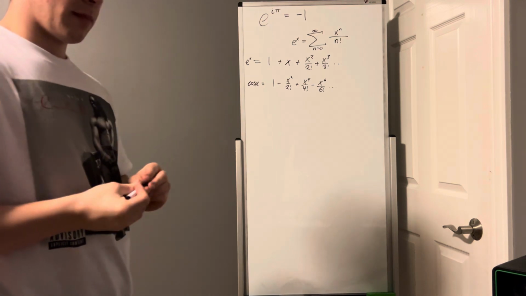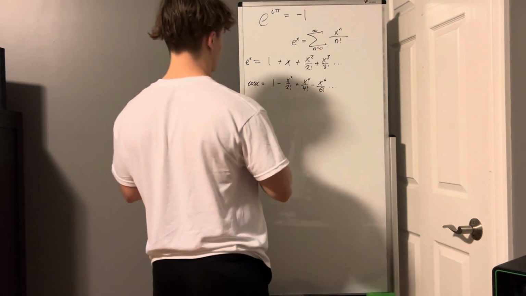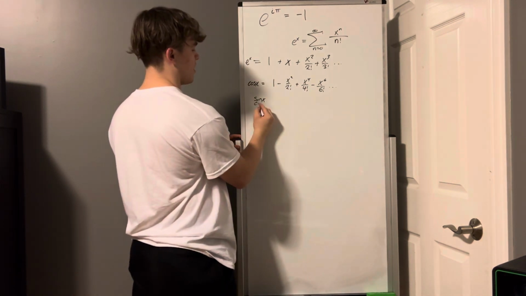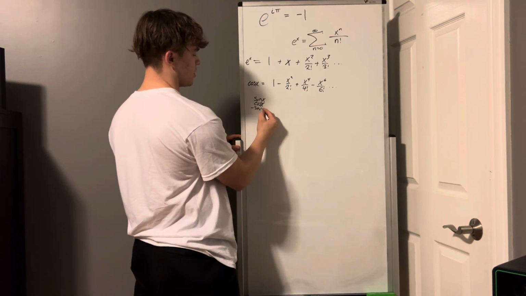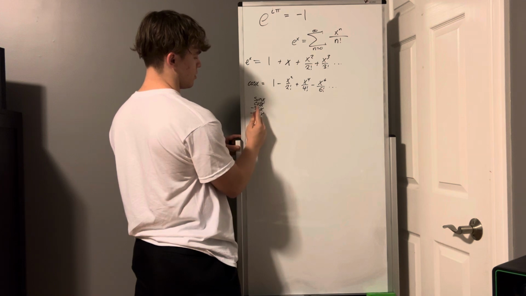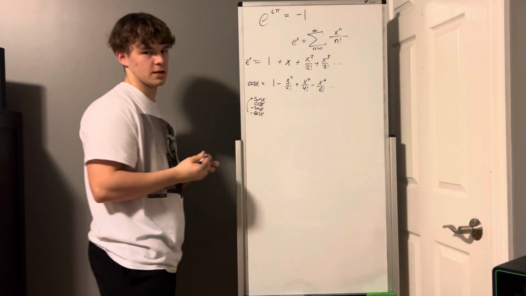Now, let's find the Taylor series for sine of x. Well, we're going to get something very similar. Let's derive sine of x, we get cos of x. Let's derive cos of x, we get negative sine of x. Let's derive negative sine of x, we get negative cos of x. And if we derive that again, we're going to go back up to sine x.